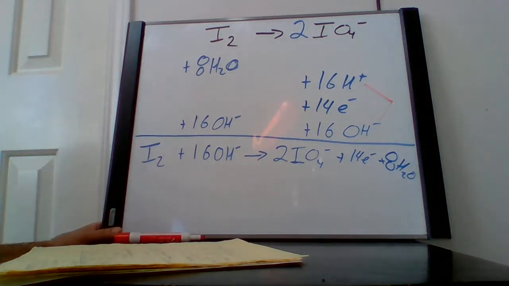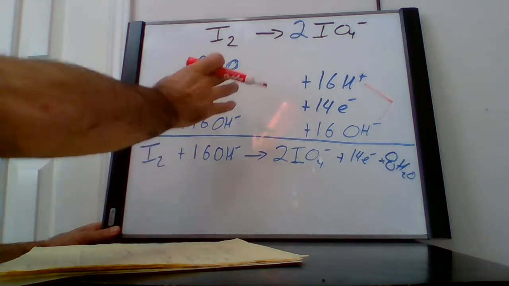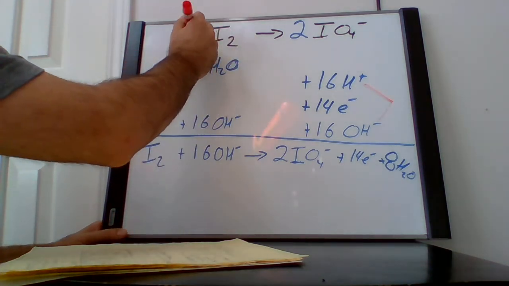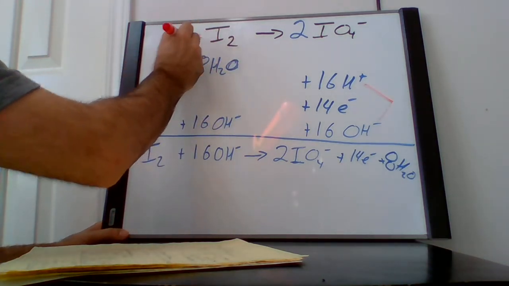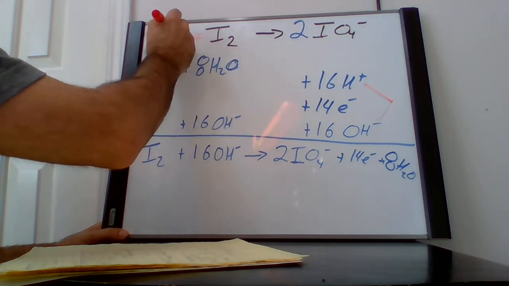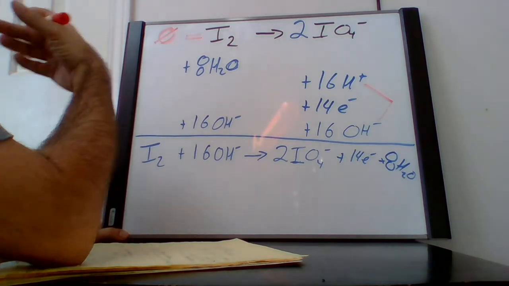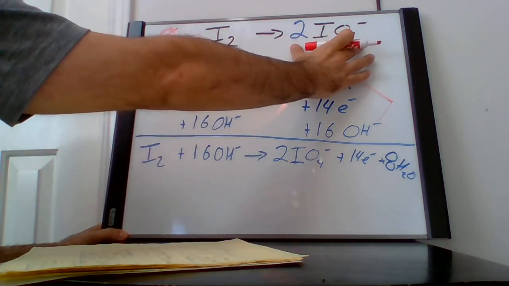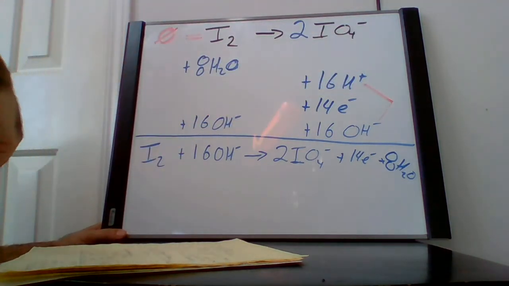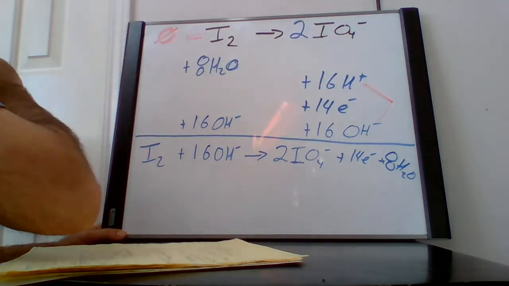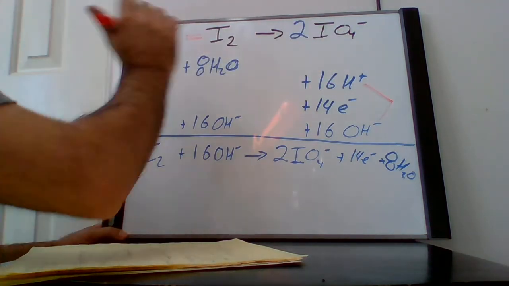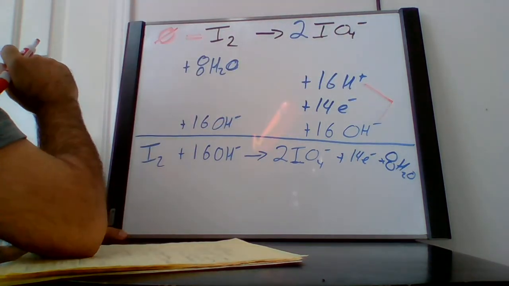Looking at our charges here, our iodine gas is in elemental form. It has a charge of 0. Looking over at this one, very similar to the previous example, I have 4 oxygens, giving me a -8 for my oxygens.